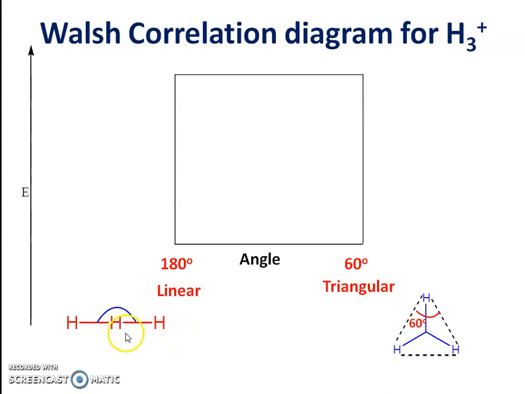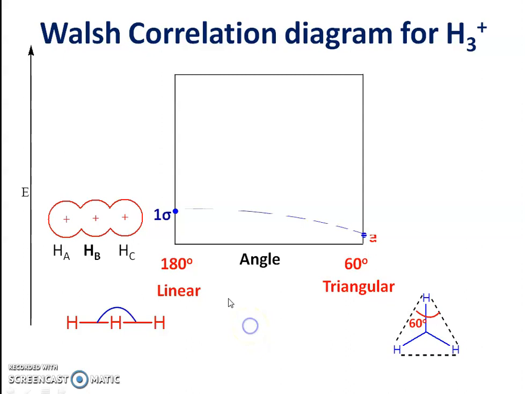If the molecule has a linear geometry, then what about the energies of the various molecular orbitals? With linear geometry, this is the energy of the 1 sigma orbital, and this is its representation. Now when the geometry changes to triangular, 1 sigma becomes A. In linear geometry the orbital is represented as 1 sigma; when it is non-linear, it becomes A, that is singly degenerate.